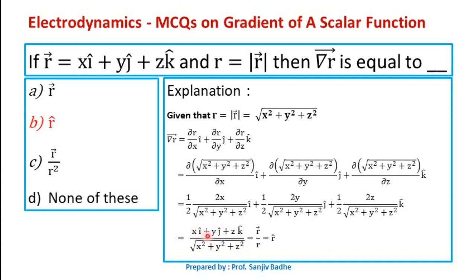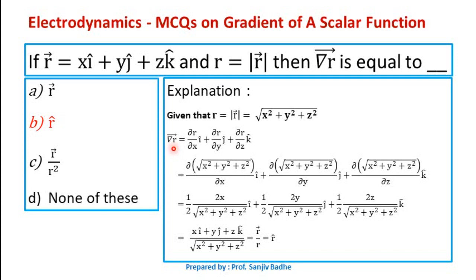This x i cap plus y j cap plus z k cap is nothing but the given vector r bar, and square root of x square plus y square plus z square is nothing but magnitude of this r bar. So here gradient of r is equal to the vector r bar upon magnitude of that vector r. That is nothing but unit vector along the vector r bar.